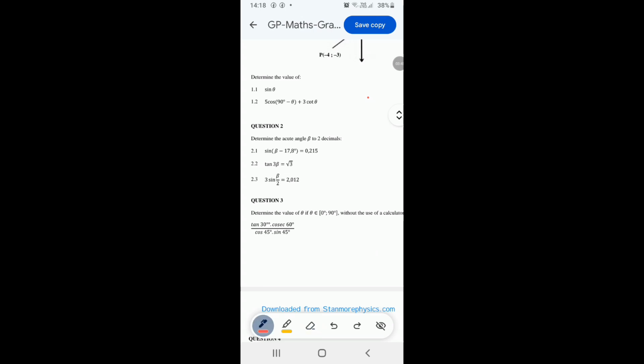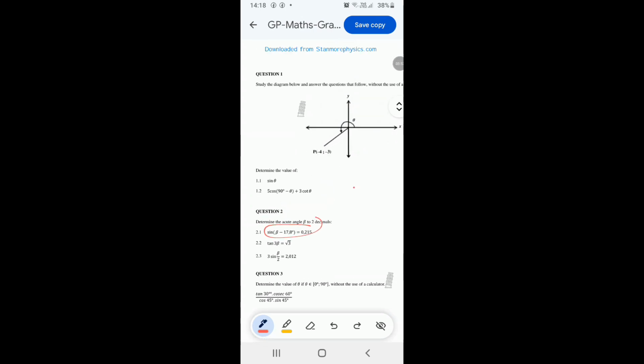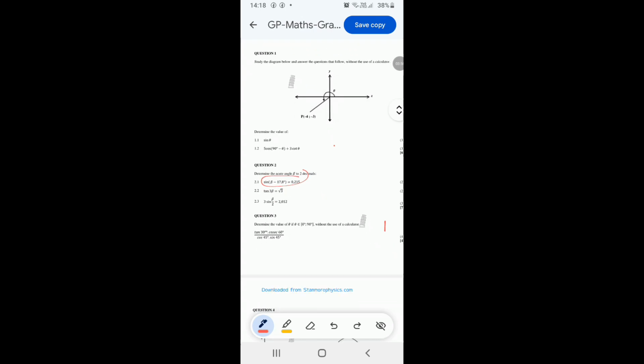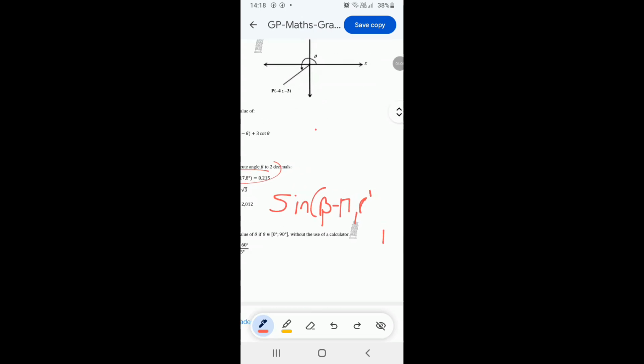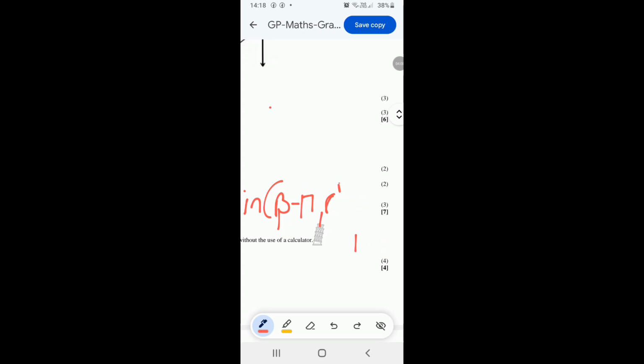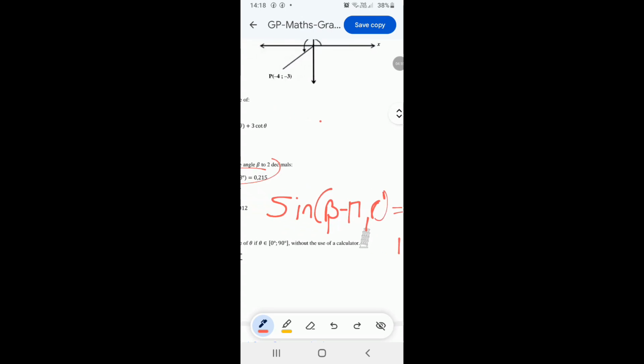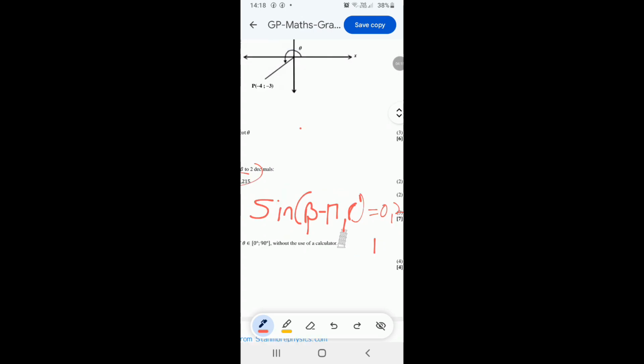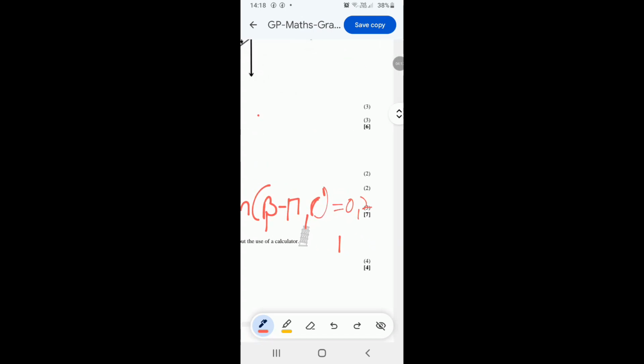We have 2.1: sine of (b minus 17,8) equals 0,215.